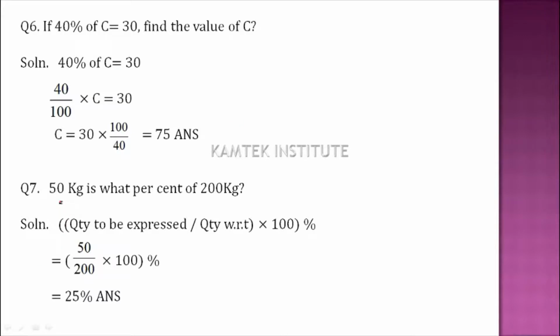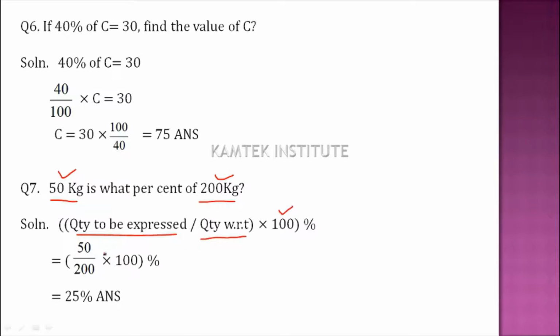So we come to question number 7 now. It says 50 kg is what percent of 200? There's a formula for this which says put the numerator, the quantity that is to be expressed, that is 50, divided by the denominator, the quantity with respect to which you want to find the percentage, that is 200. And since we want to convert this fraction into percentage, we multiply by 100.